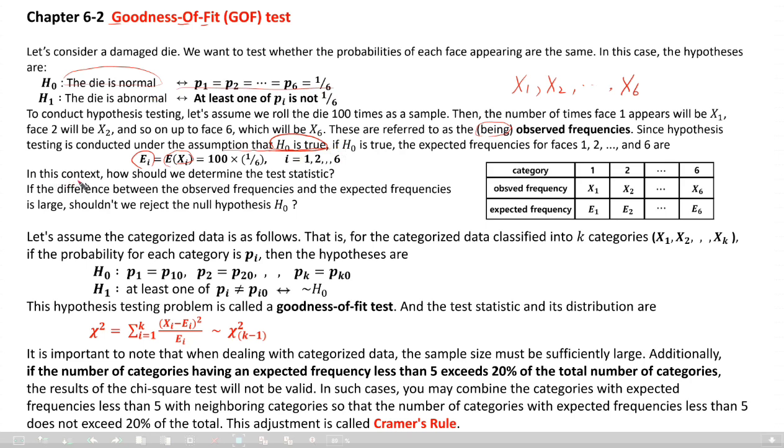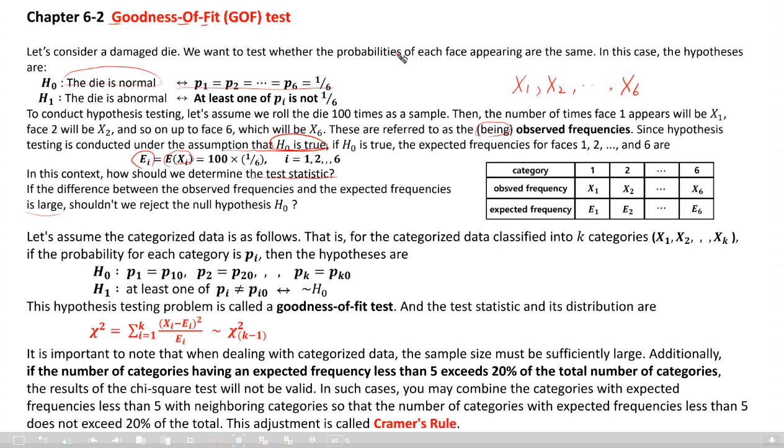In this context, how should we determine the test statistic? Think about that for a while. If the difference between observed frequencies and expected frequencies is large, of big magnitude, shouldn't we reject the null hypothesis H0?